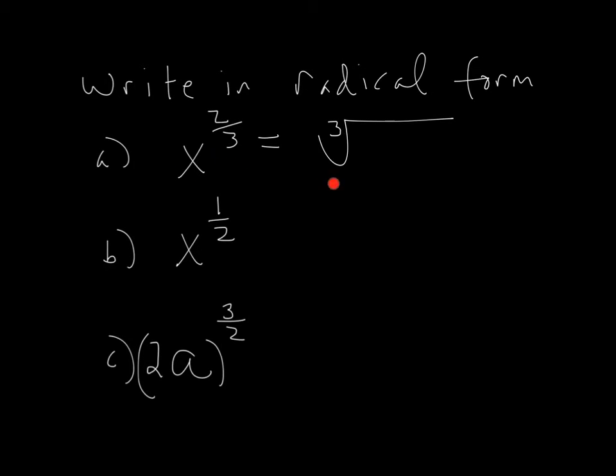This becomes the inside of the radical. And then this numerator can either go right here, or you could make a big parenthesis and put it on the outside. Either way, let's just go with this method for now.